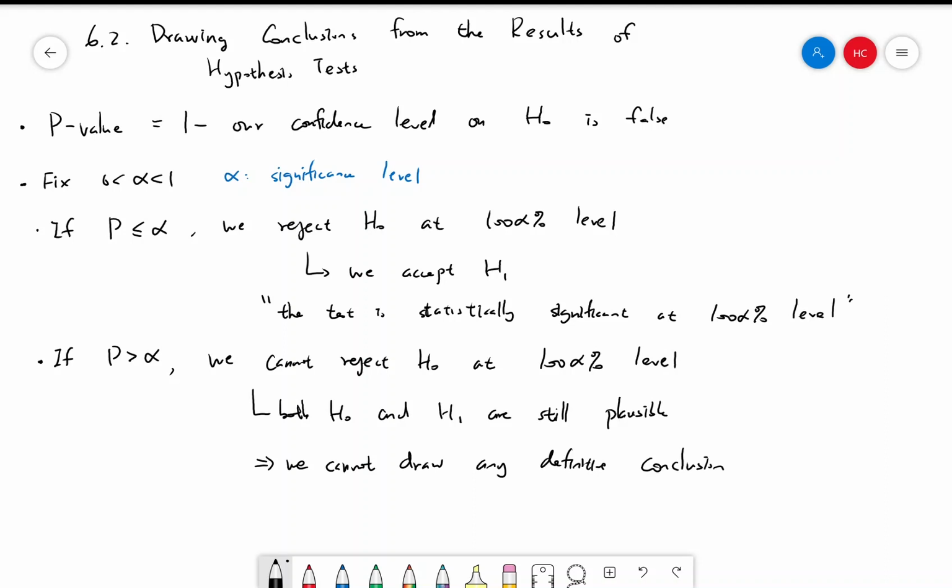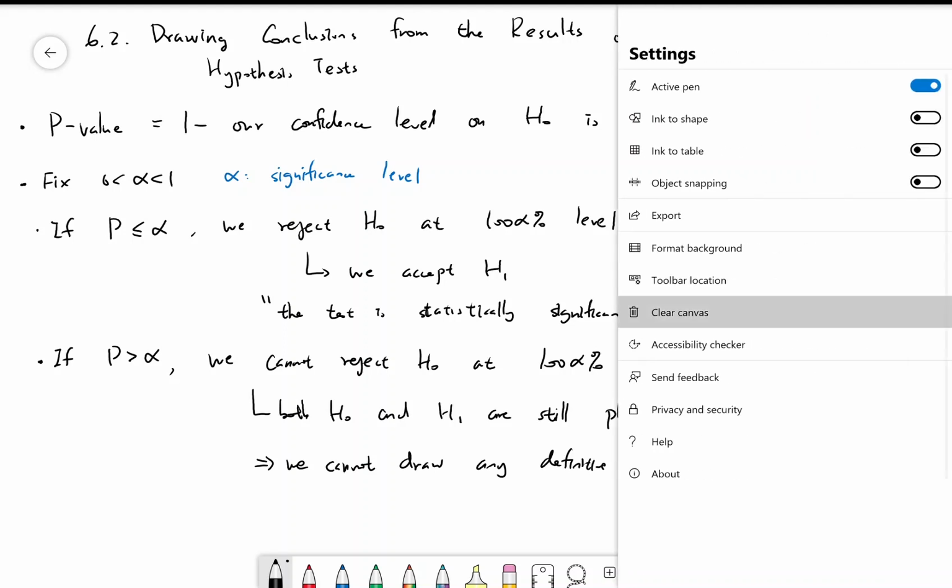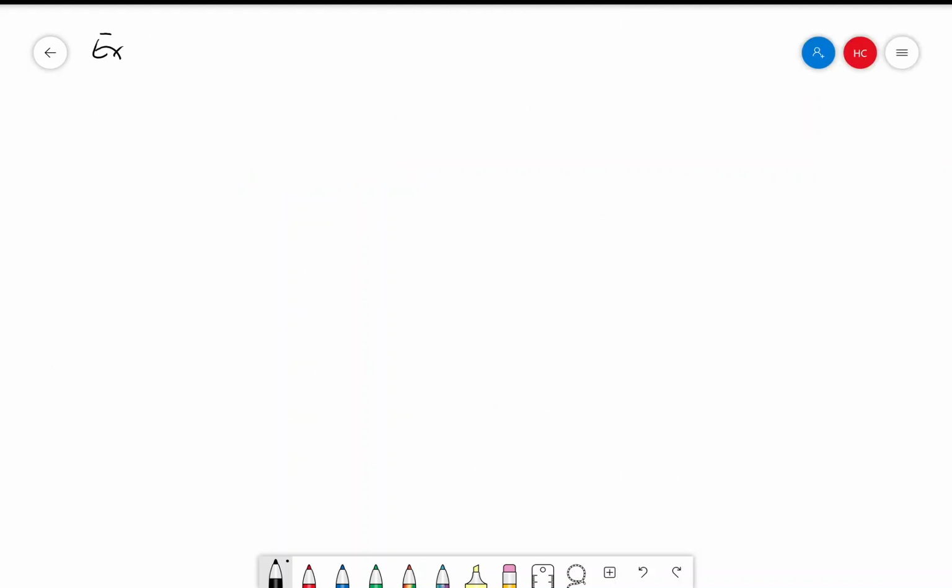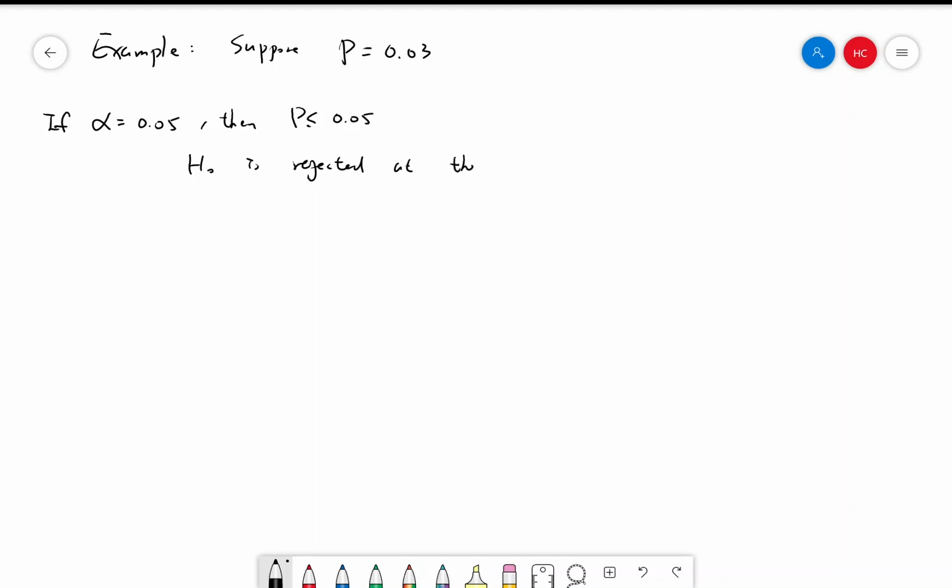Okay. So let's do a simple example. Suppose the p-value is equal to 0.03. Then if alpha is 0.05, because p is less than or equal to 0.05, H0 is rejected at the 5% level.